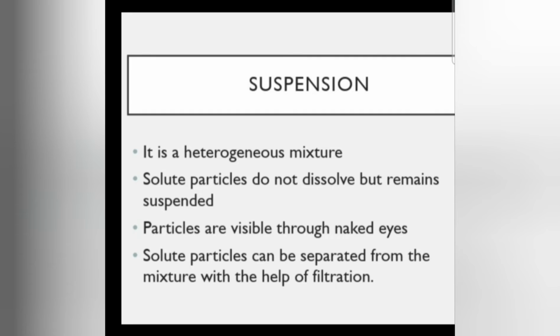Until the suspension breaks down, particles keep on scattering the beam of light which is passing through it and make its path visible. Solute particles settle down when a suspension is left undisturbed. Solute can be separated from the mixture by the process of filtration in the suspension. So these are some of the properties of suspension.